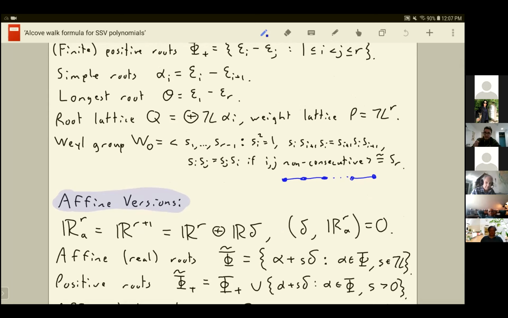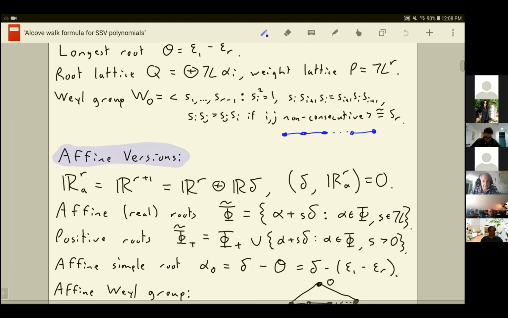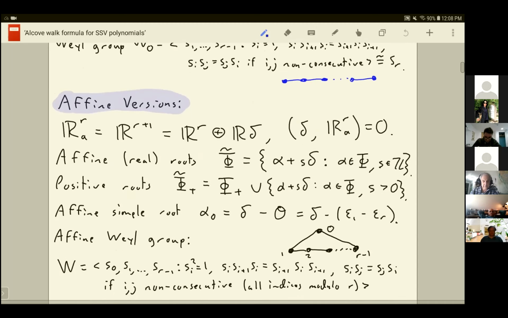So when I say affine root, I mean real affine root. And similarly, we have the positive roots in the usual way: a positive finite root, or anything plus a positive number of deltas. We have alpha 0, the corresponding simple root. And the affine Weyl group satisfies the type A braid relations for this diagram, the circle diagram.